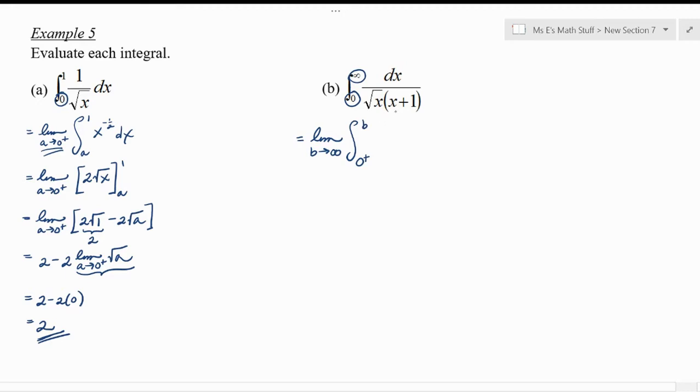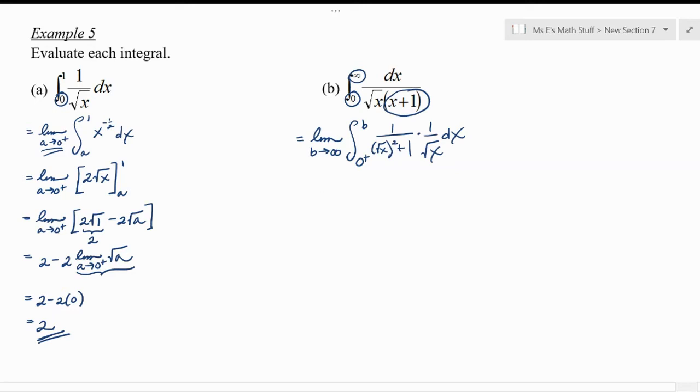Now for the integrand, which is really where this one's tricky, I'm going to start by pulling the dx off to the side, because that's where I like them. I'm also going to pull the 1 over square root x off to the side. And then for this part, I'm going to rewrite it as the square root of x squared plus 1. I'm writing it that way because I do see this one as potentially an arctangent function.